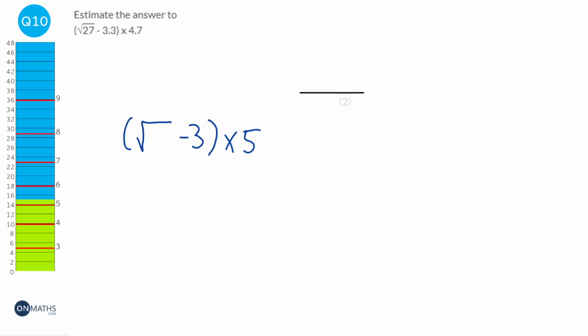When you've got a square root, you've got to find it to the nearest square number. So 27 to the nearest square number is 25. So the square root of 25 is 5. And then 5 take away 3 is 2, times 5 is going to be 10. So our answer is 10.